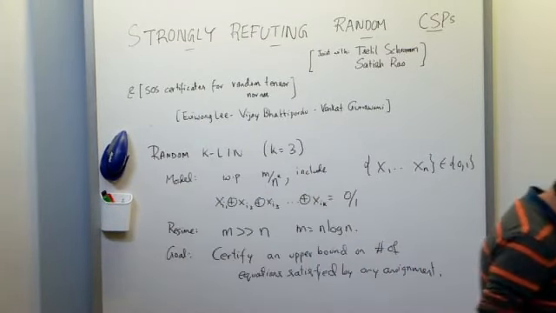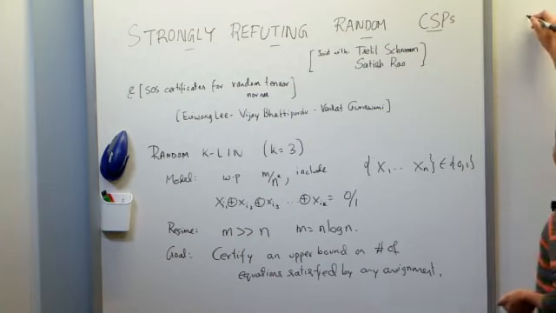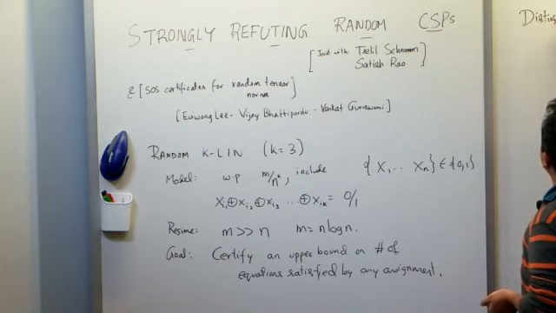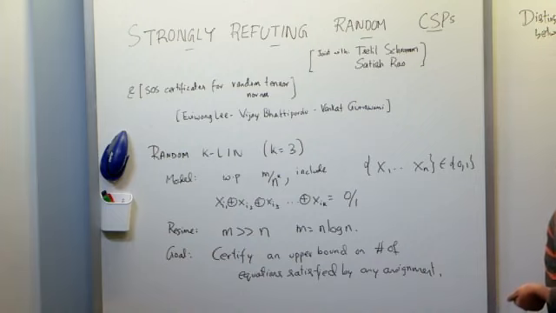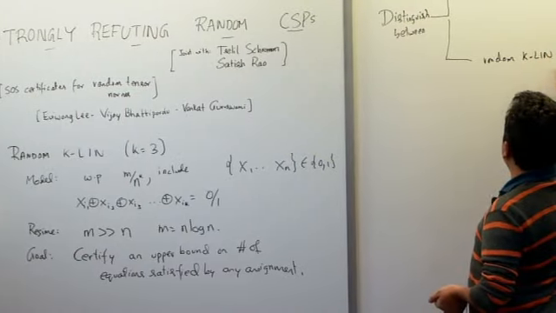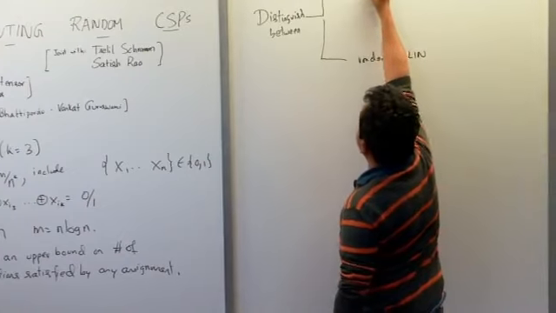If this notion of certificate is a little bit confusing, you can instead think of a related model. Here the problem is to distinguish between either a random k-LIN instance, or an instance with a planted solution.